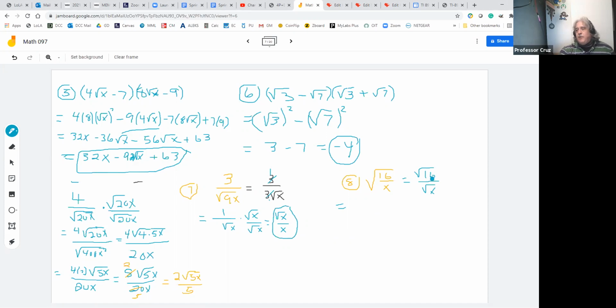So this can be broken down into 4 over square root of x. And then we're going to multiply top and bottom by square root of x. Same thing we did over here.